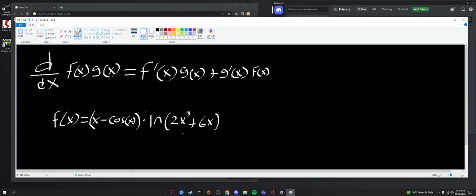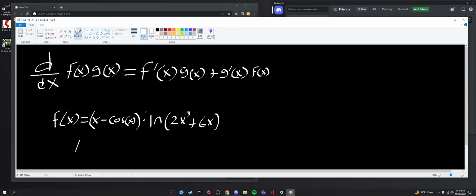Now, this is a little tougher because while x minus cosine of x is pretty simple to differentiate, ln of 2x cubed plus 6x is not. You're going to need chain rule on top of product rule for this whole function, so it's going to be a little harder, but we can work through the algebra. So first, we'll define x minus cosine of x. That is our first part that we have to differentiate. We differentiate x as just 1.